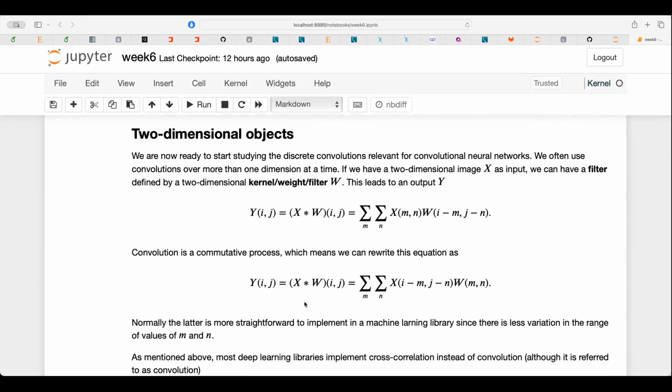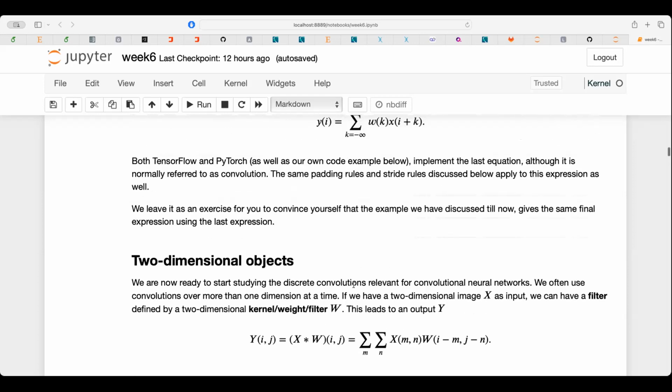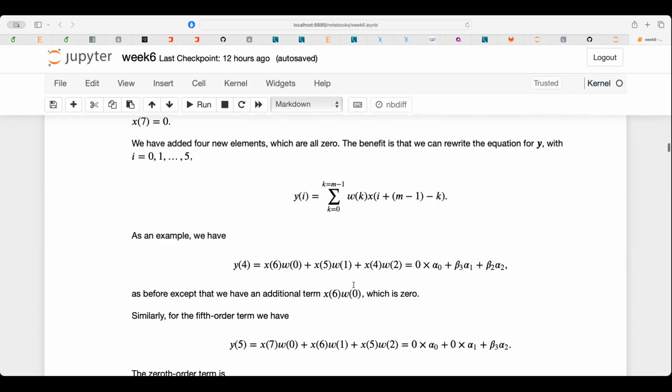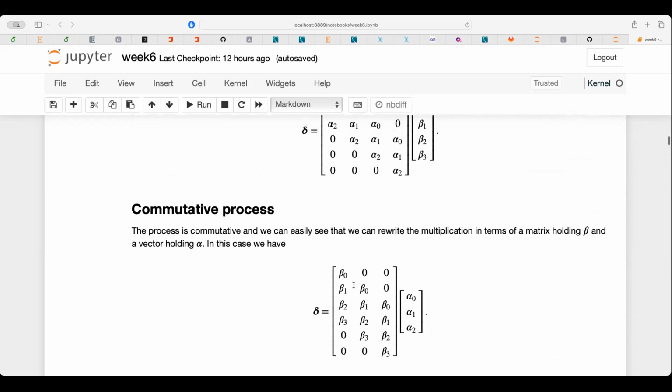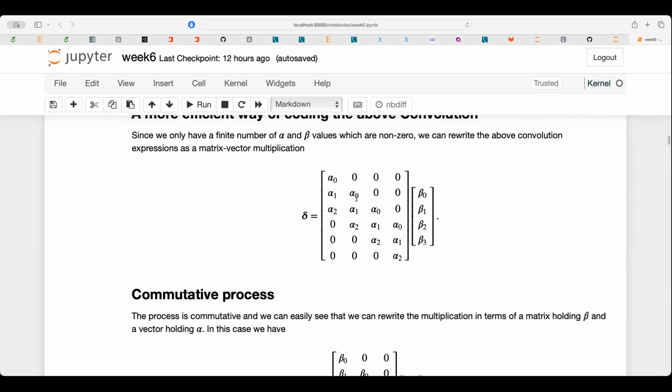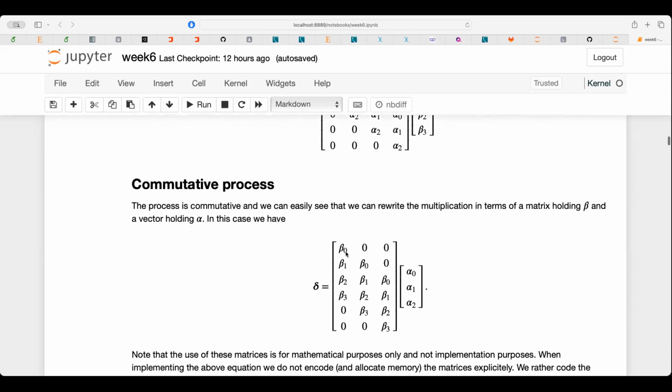So just keep in mind, if you go back to that example we had with the matrix vector multiplication, you could rewrite it like this, which is a 6 times 4 matrix multiplied with a 4 times 1 vector. But you can rewrite that in terms of a 6 times 3 matrix multiplied with this vector.